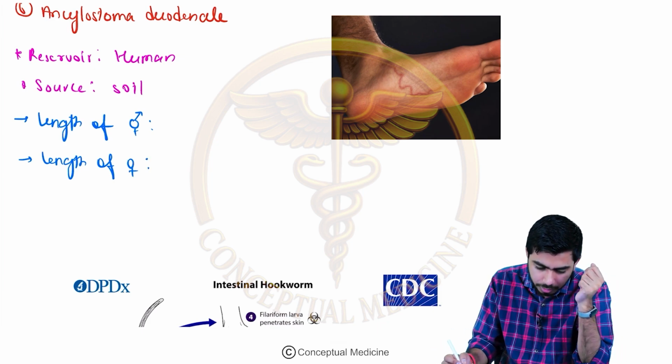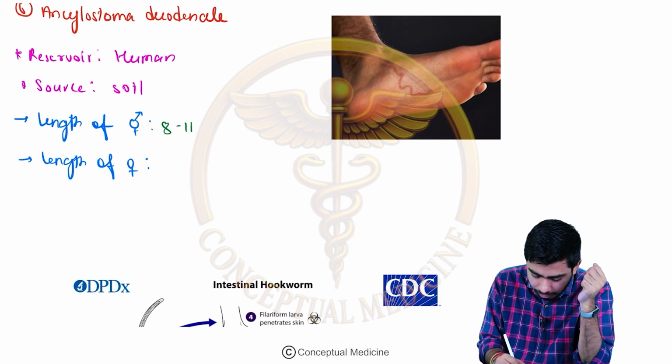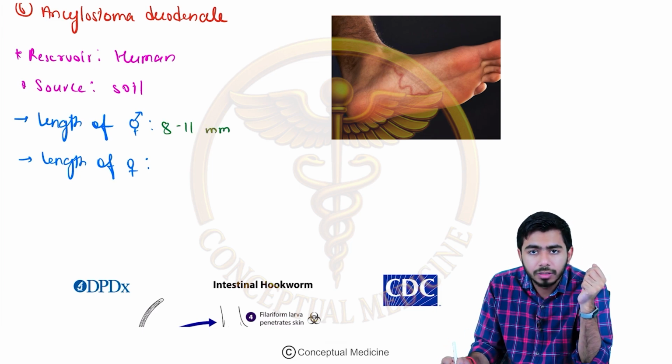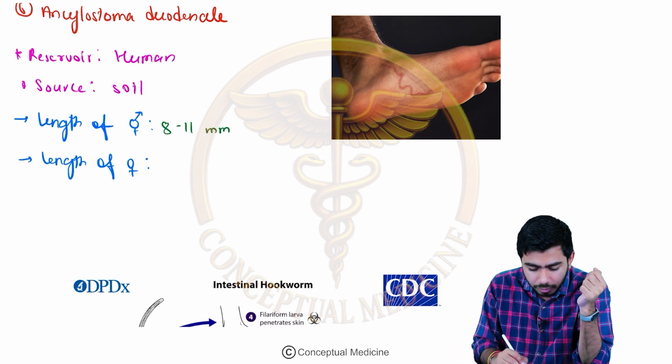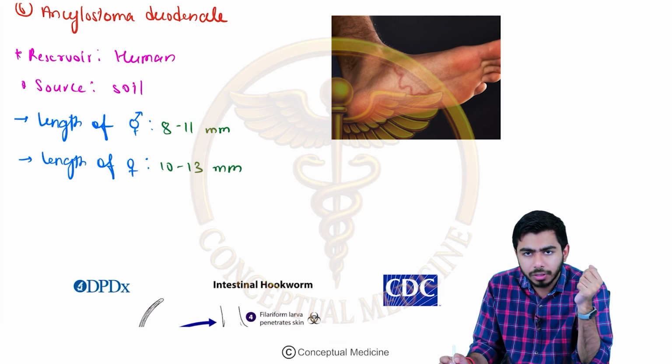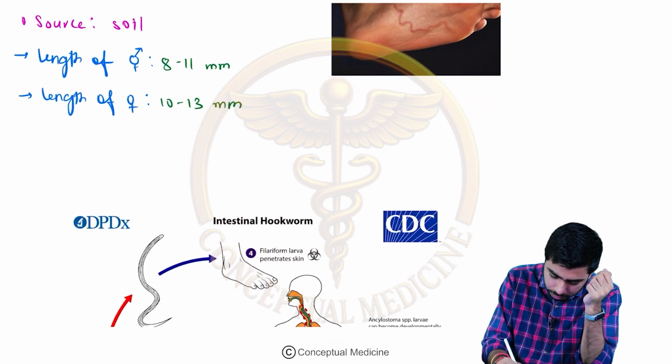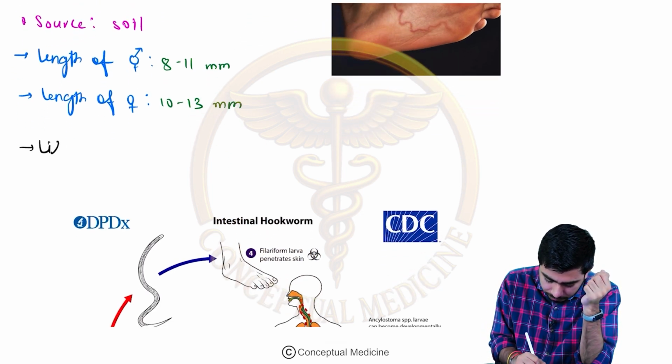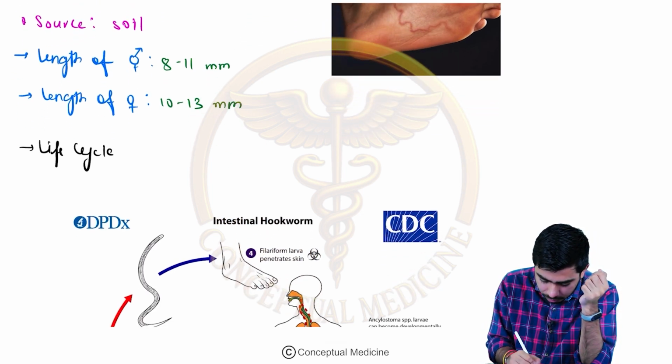Length of male is around 8 to 11 mm, and for the female, the length is around 10 to 13 mm. Let's talk about the life cycle guys, then we'll talk about other salient features of this one.